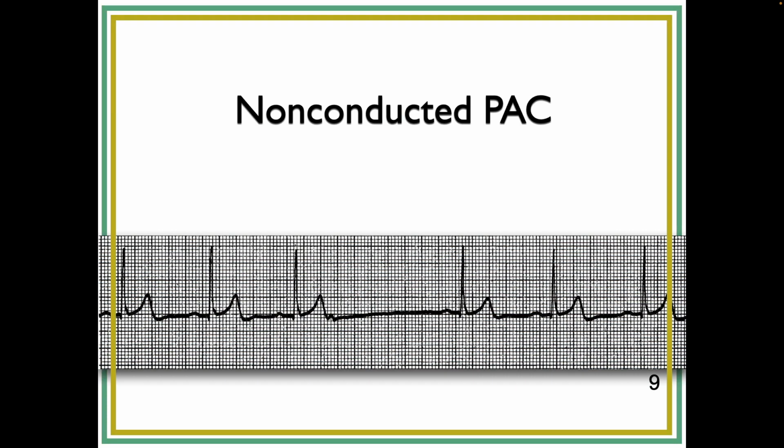Okay, so where is the non-conducted PAC here? There's a P. Now, the first one, I think it's fair to say, was pretty obvious, but this second one is a little more subtle.